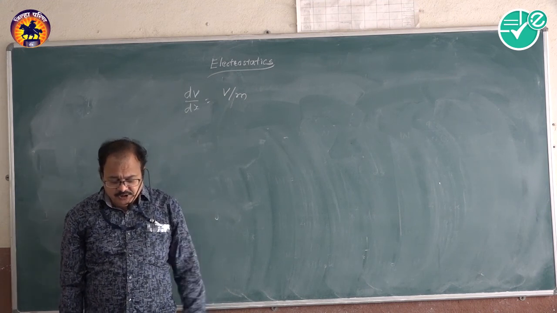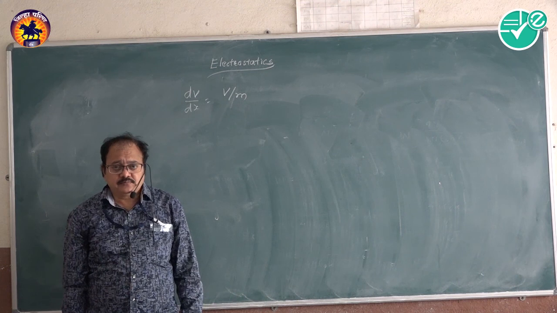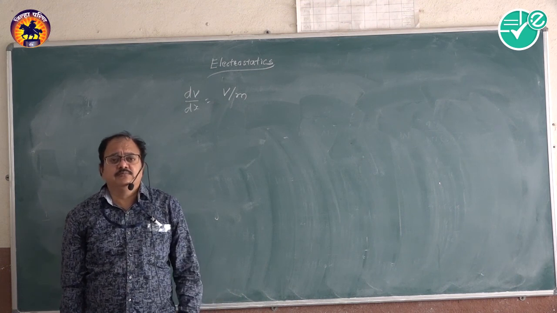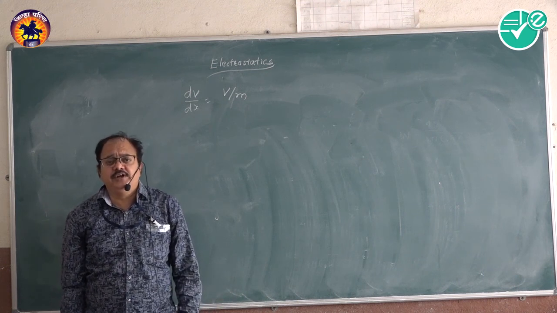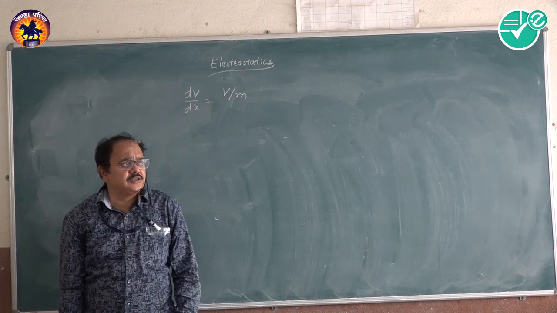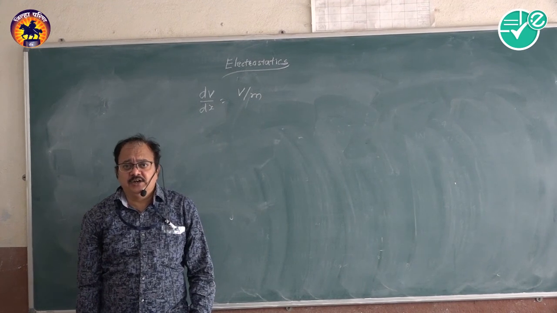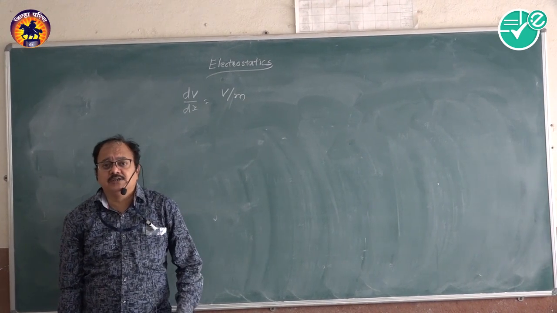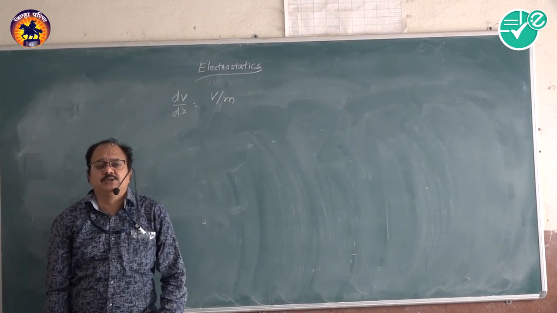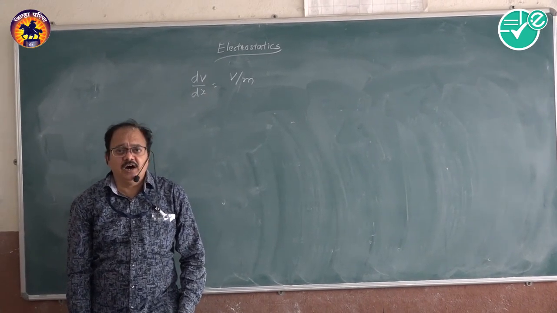Suppose we take a sphere with a charge at the center; the points on the surface of the sphere are at the same potential level.